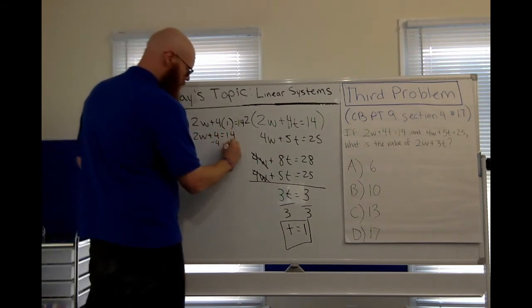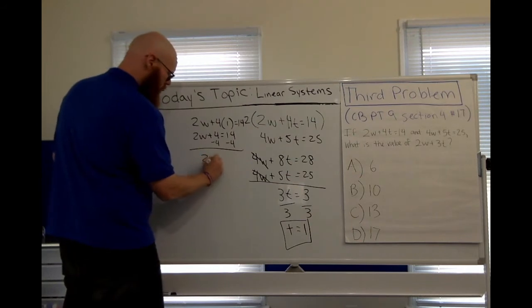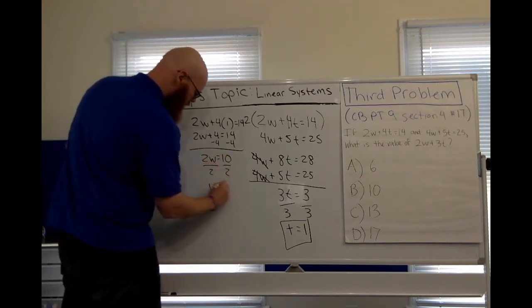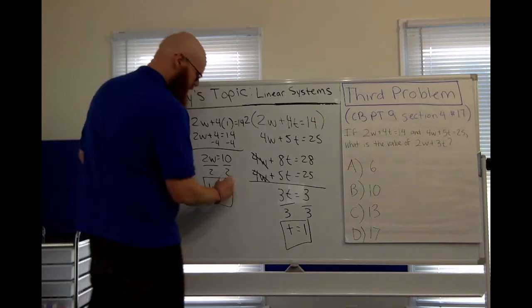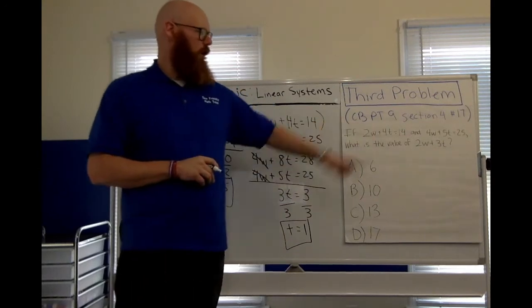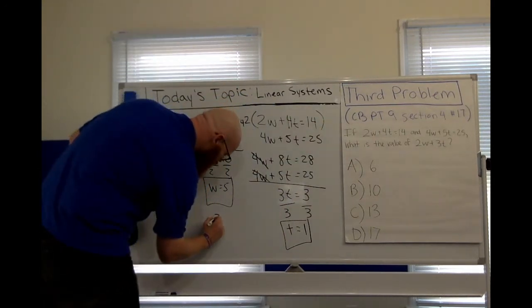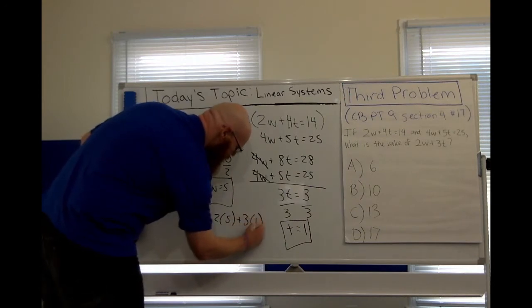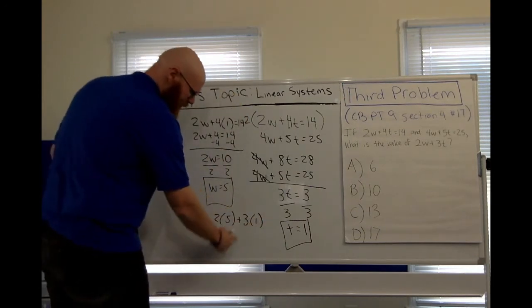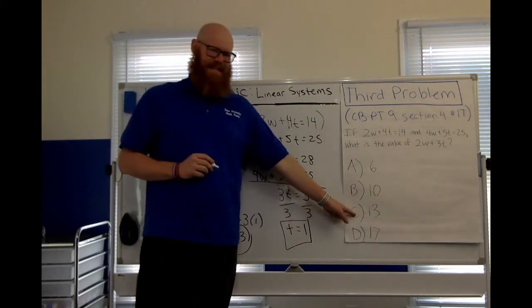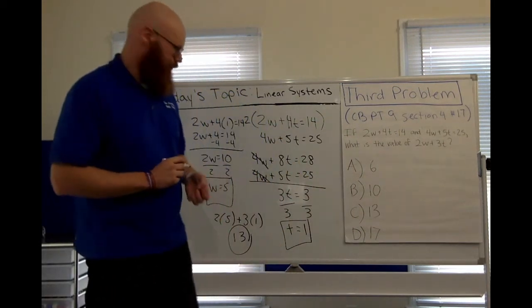Subtract 4. 2w equals 10. Divide by 2. w equals 5. And then finally, we can answer this. 2w plus 3t is 2 times w, which is 5, plus 3 times t, which is 1. That's 10 plus 3, and we get 13. And C is our answer.